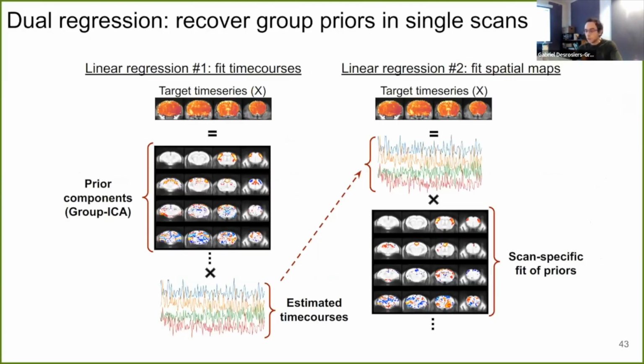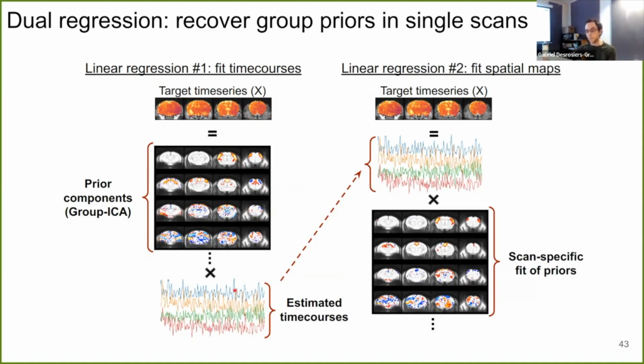To go from these group-level priors to individual-specific fits, dual regression operates in two regression steps. First, these group IC components, which are going to be a collection of potential brain networks like these two, as well as confound components like these other two examples, are regressed against the scan time series to obtain their associated time courses.